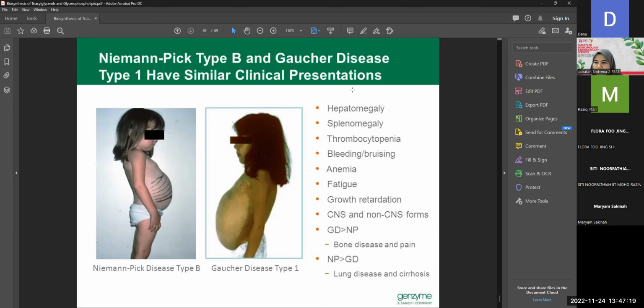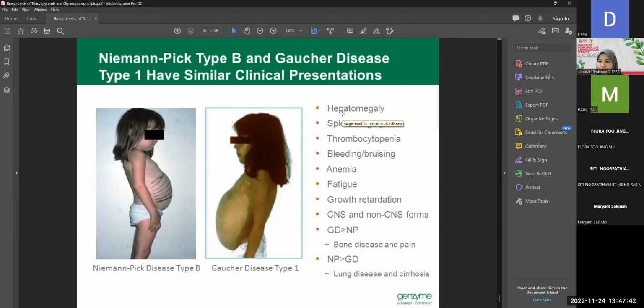But we have hepatomegaly, the enlargement of the liver, swollen. Splenomegaly, enlargement of the spleen.